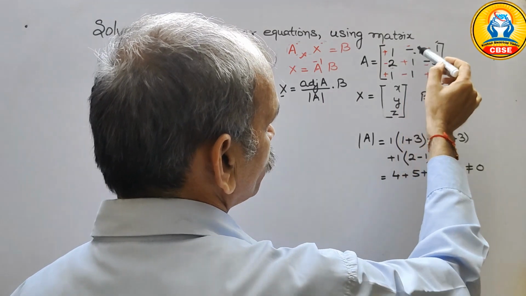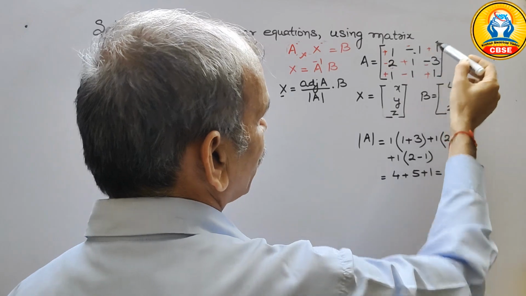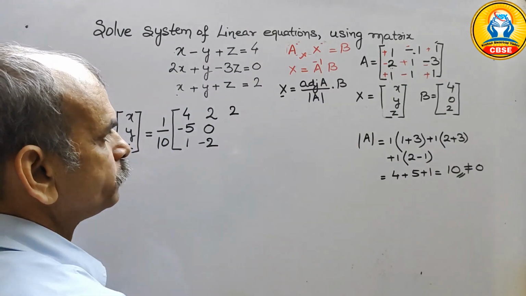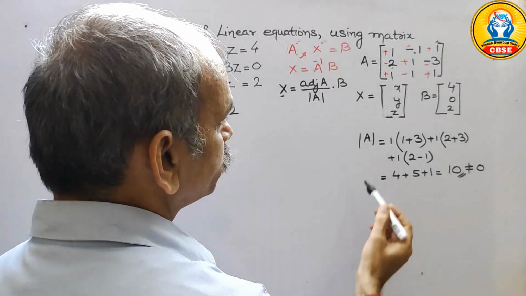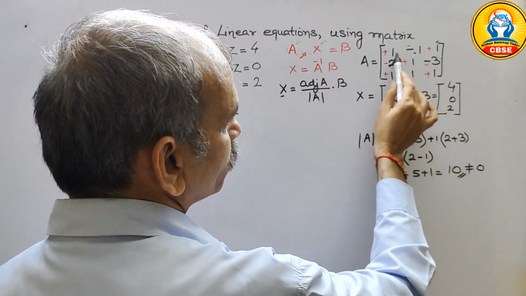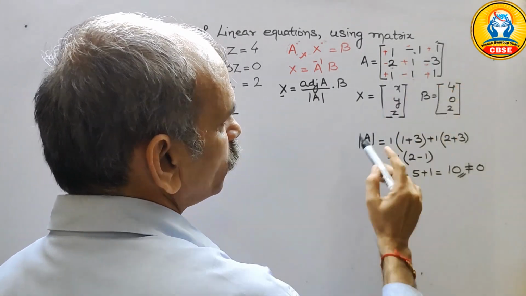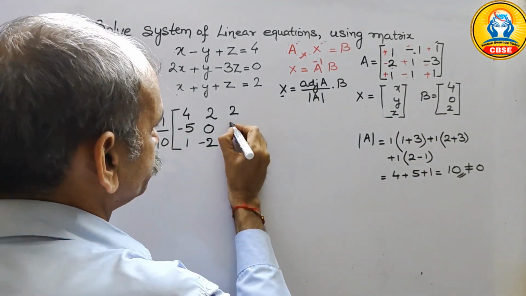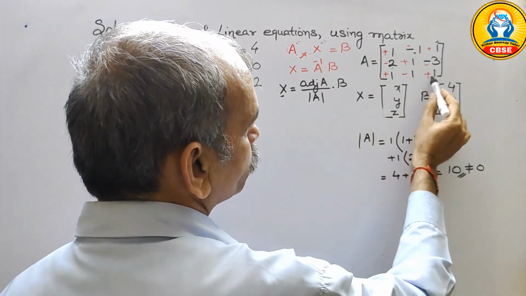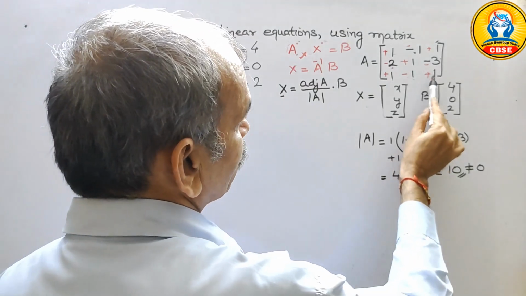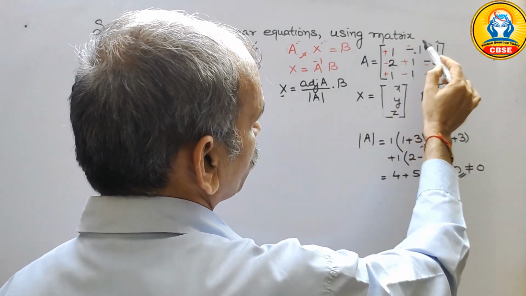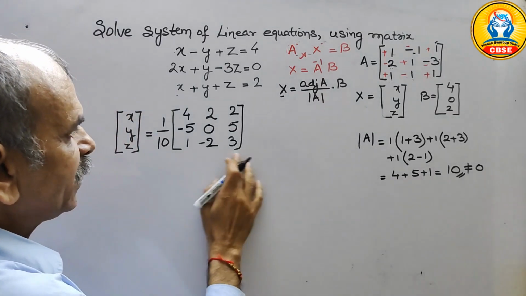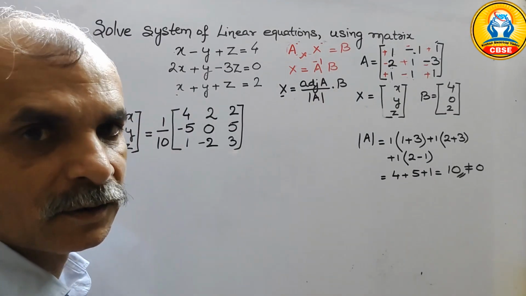That means it will be 3 minus 1 is 2, and position is plus, so it will be 2 only. Next comes this position. That means it will be minus 3 minus 2 is minus 5, and position is minus, so it will be plus 5. And last is this position, plus position. That means it will be 1 plus 2 is 3. So here comes 3. So this is nothing but your adjoint A.